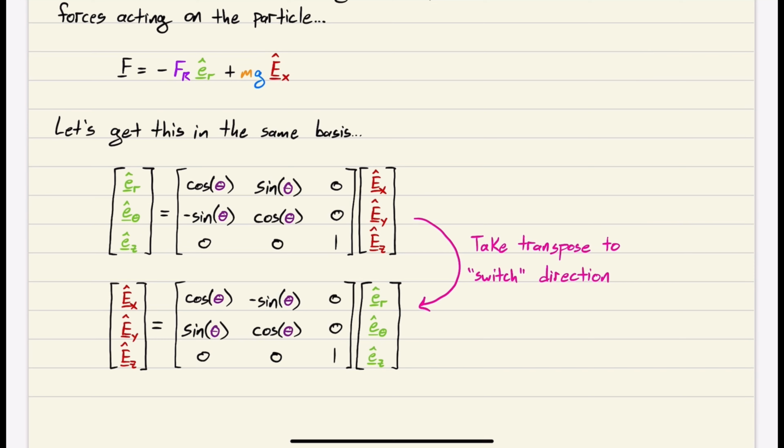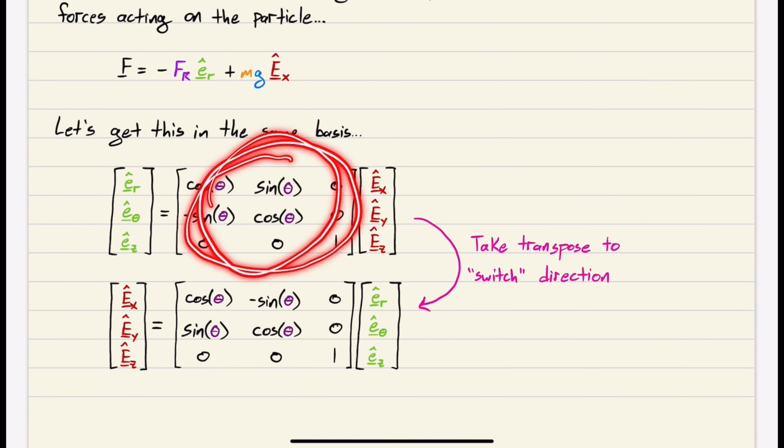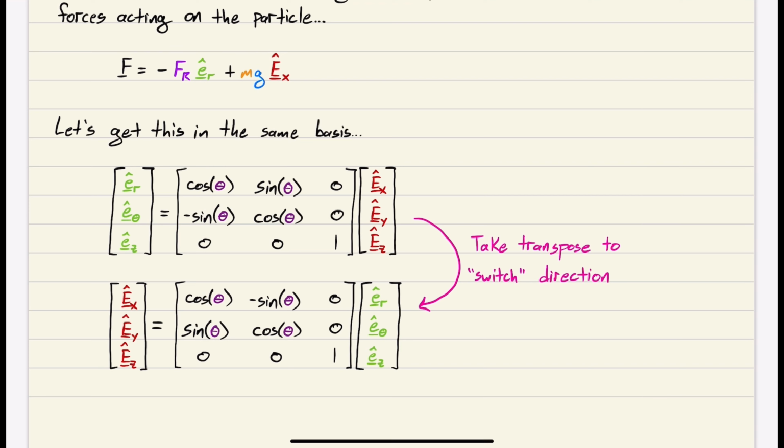And remember, you can take the transpose of this matrix where rows become columns and columns become rows. So this is our direction cosine matrix to get the red basis in terms of the green basis.